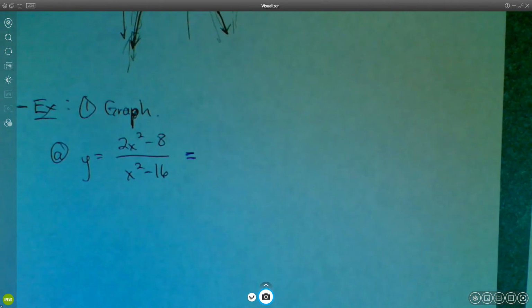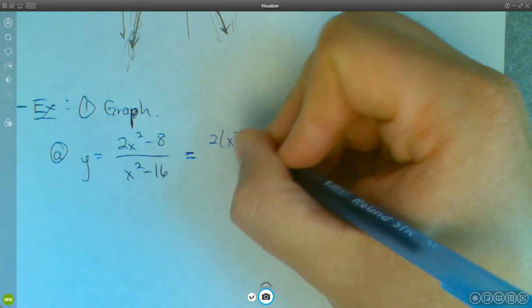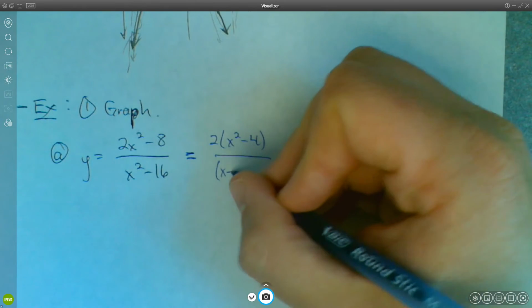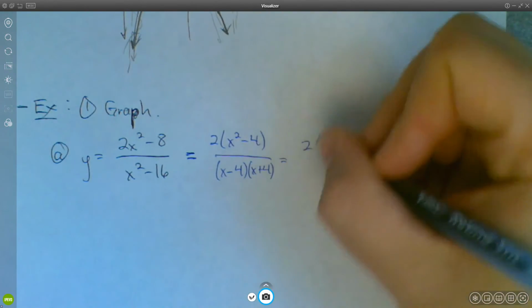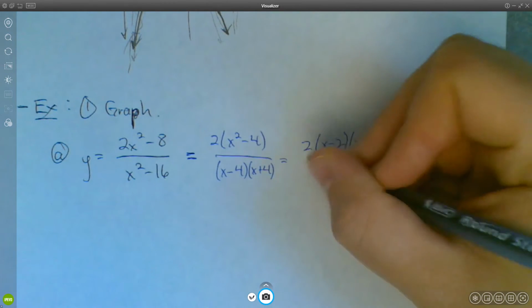So as far as finding intercepts and asymptotes are concerned, if you can factor this thing, then life's going to be a lot easier for you. So I think when this thing is fully factored out, we end up here, right?